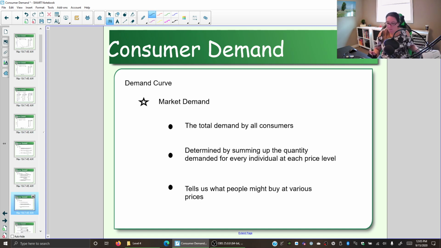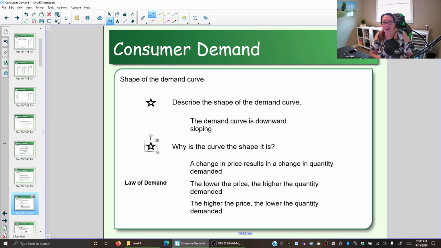We said before, market demand comes from adding up the quantities at each price level. If we add up those quantities at each price level, what we find is that our demand curve is downward sloping. We saw that with our Tim Hortons coffee. So the question is, why is the demand curve downward sloping?